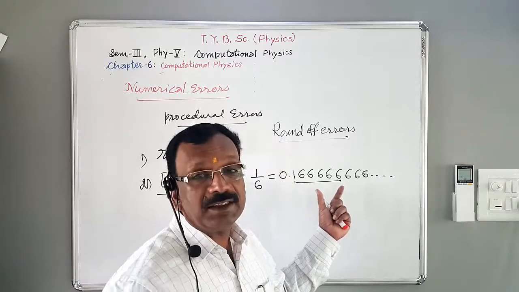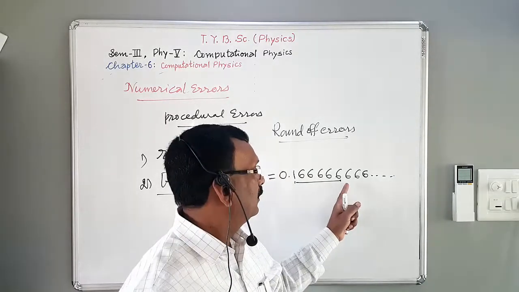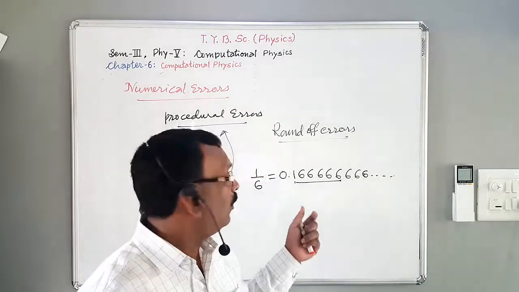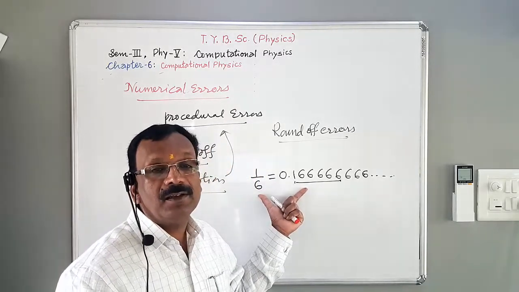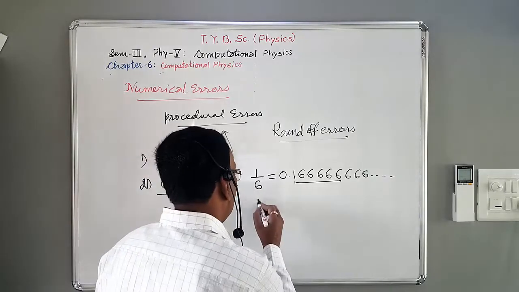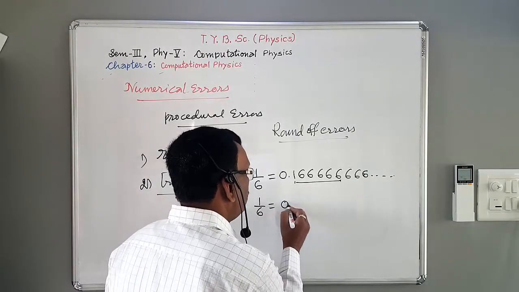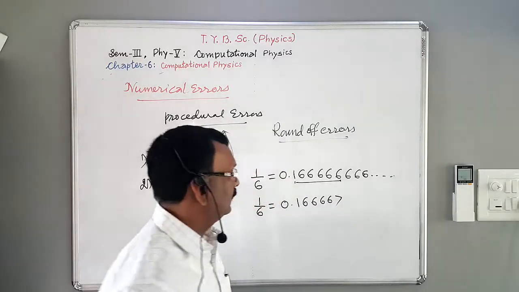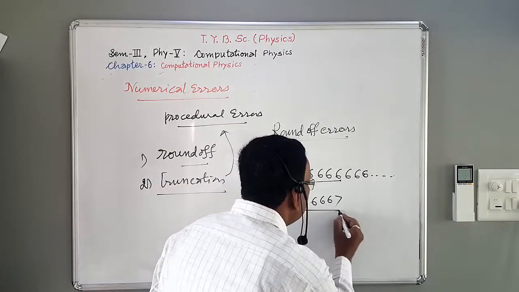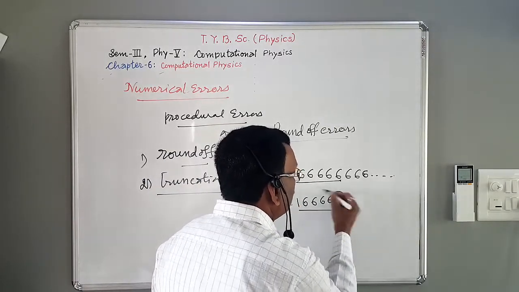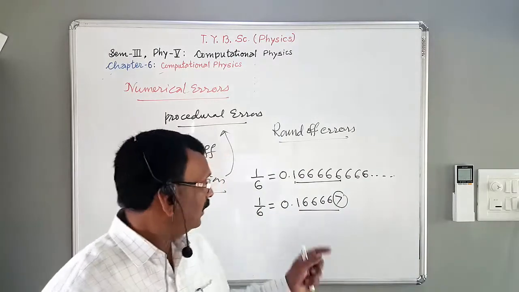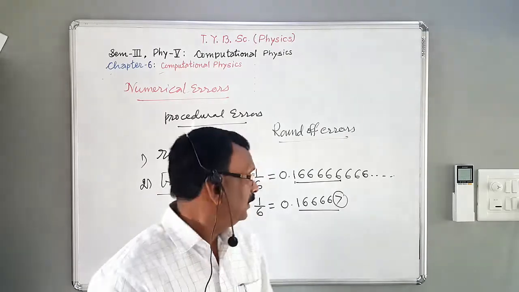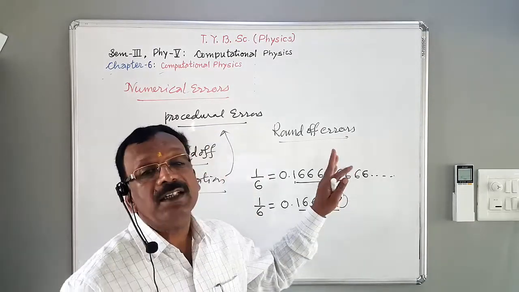Then the digits should be rounded. The value of 1/6 becomes 0.166667. This is the 6th digit, and note that the last digit is 7 since it is rounded.